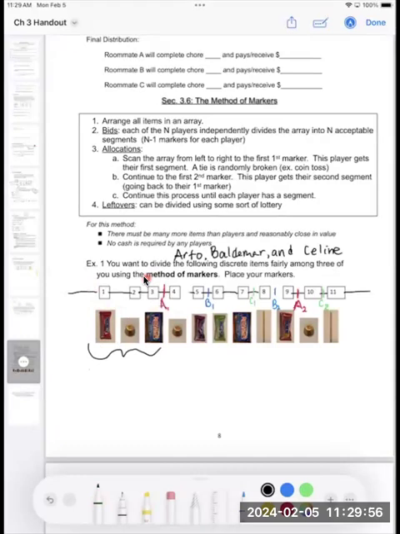So those 3 go to Arto. Okay, then what we would do is erase Arto's name from everything, because it's just confusion at this point. We don't really need his name to be there, or any of his other markers.